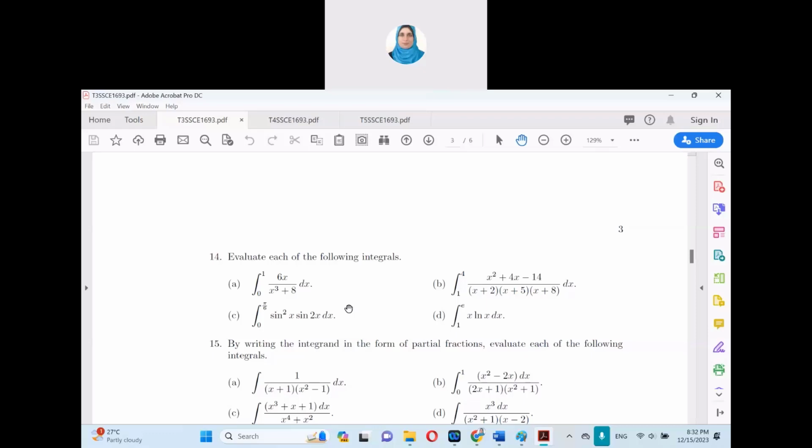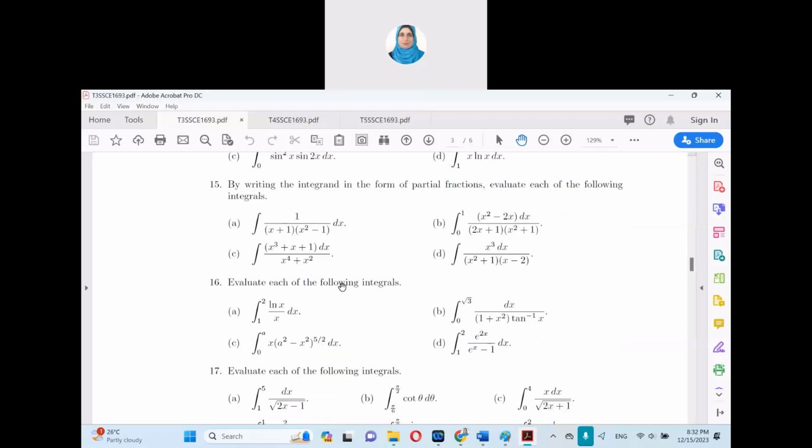The next question is 16C. This one, e to x over e to x minus 1 dx, from 1 until 2.